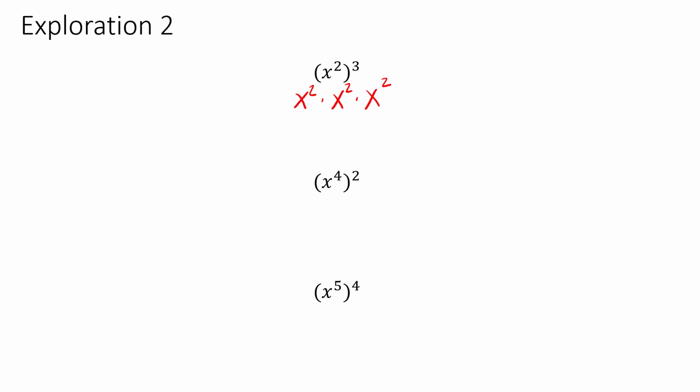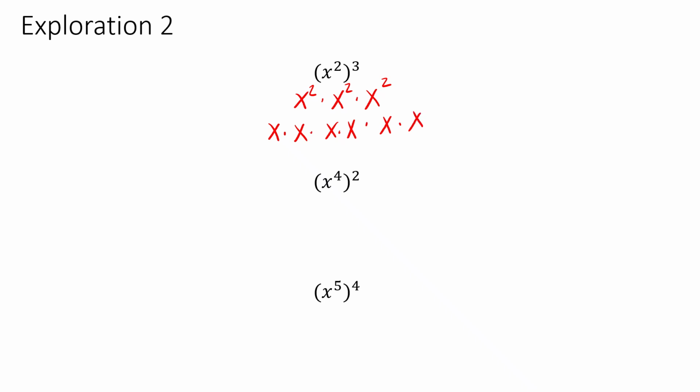I'm going to let you think about that just for a moment. Okay, so the thing that we're cubing is the x squared, so we're going to use the x squared 3 times. Now, this looks like what we were just doing. For this problem, I'll go ahead and do the prime factorization. Each x squared is actually 2 x's, and it's all being multiplied.